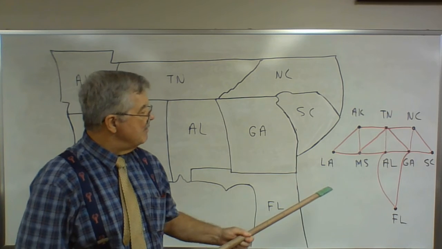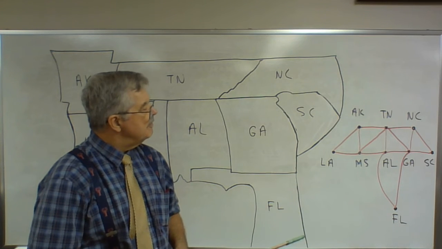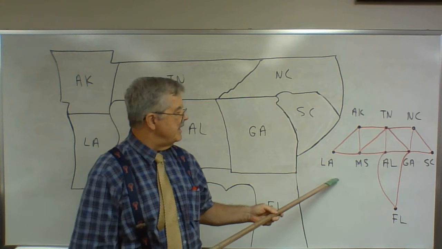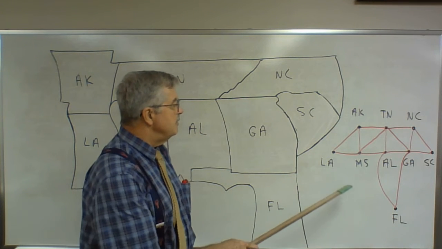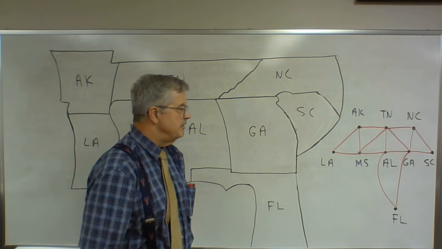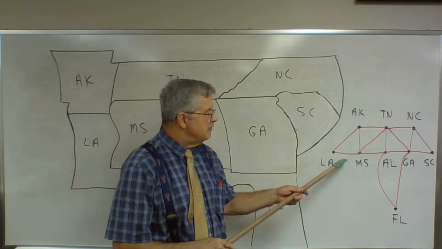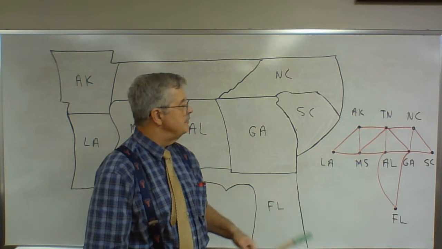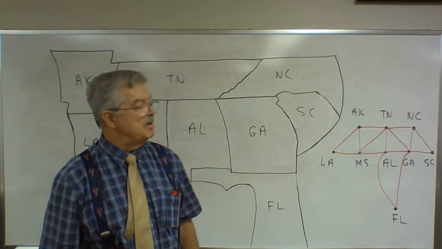So what we have here is a graph that shows which states border which other states in the southeast. Every vertex represents a state, and every state is represented by a vertex. And two vertices are connected to one another by an edge exactly when the states that they represent share a common border.